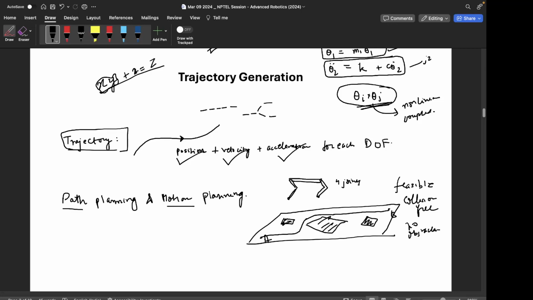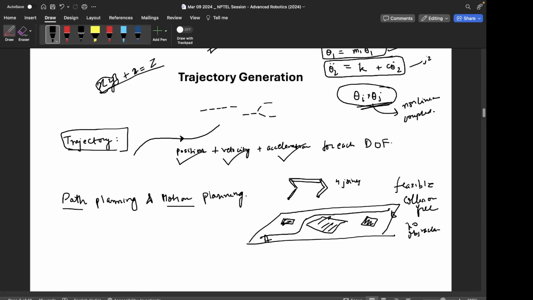So the example that you said, the pick and place one, of course, I'm assuming you are doing it with a manipulator, and of course there would be some obstacles, some constraints. Let's say you are picking an object from a table and putting it on the table itself. If there are no obstacles, then the path planning problem is much simpler.